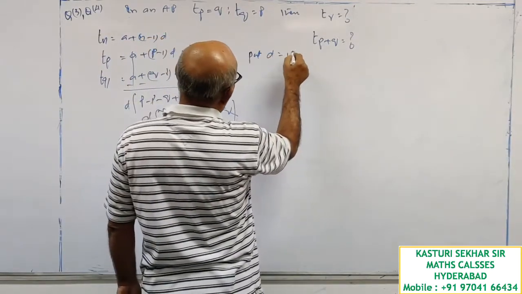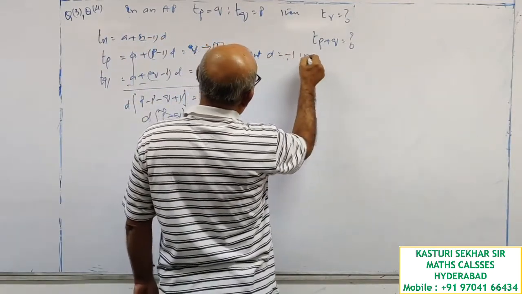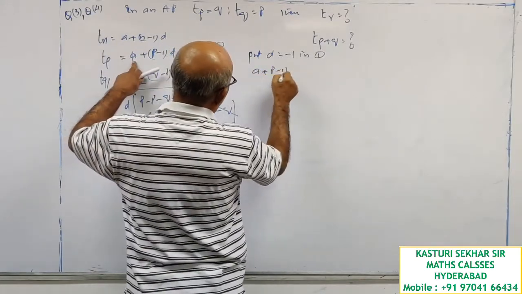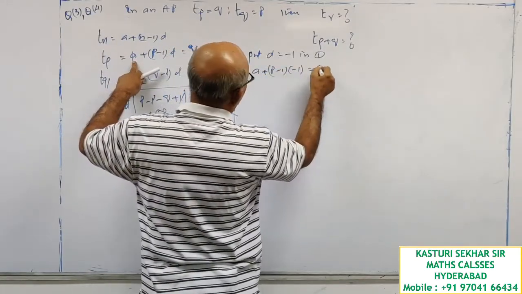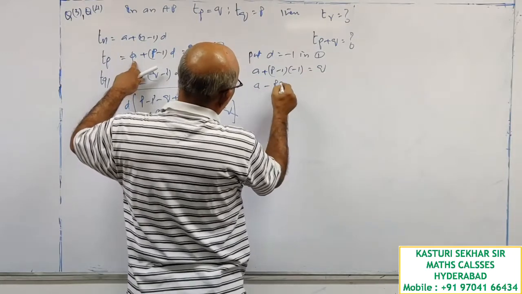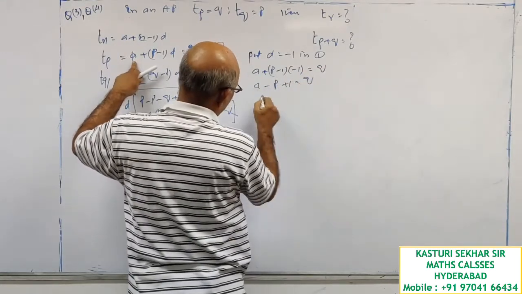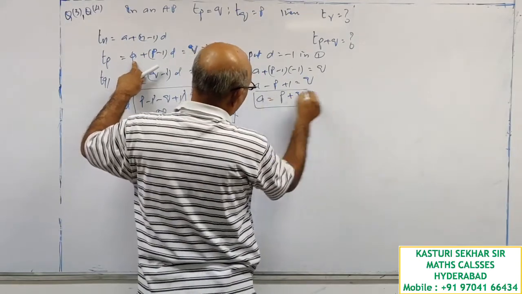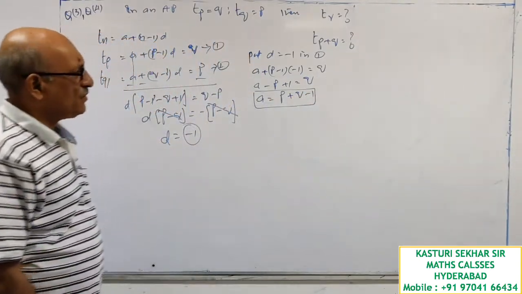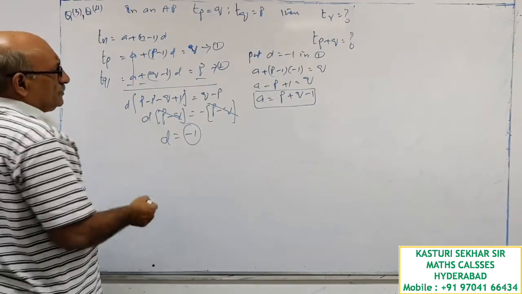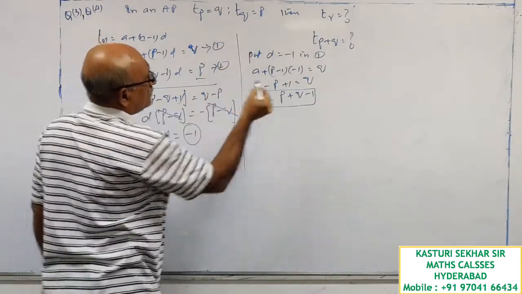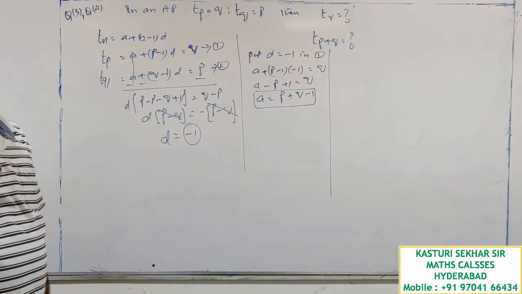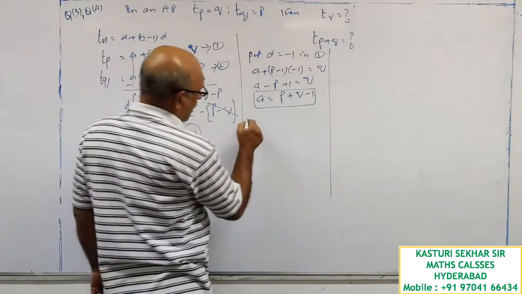Put d is equal to minus 1 in 1. A plus (p minus 1) into minus 1 is equal to q. A minus p plus 1 is q. A is equal to p plus q minus 1. First term value is obtained. I have the d value and also the a value.